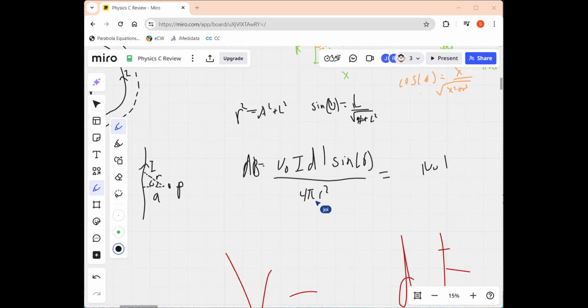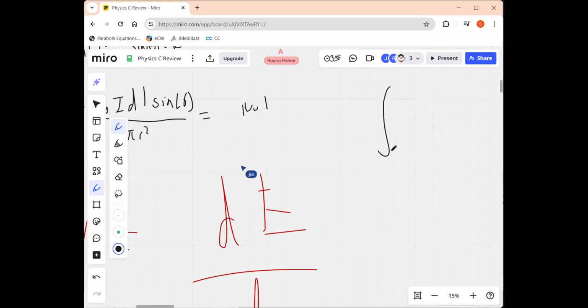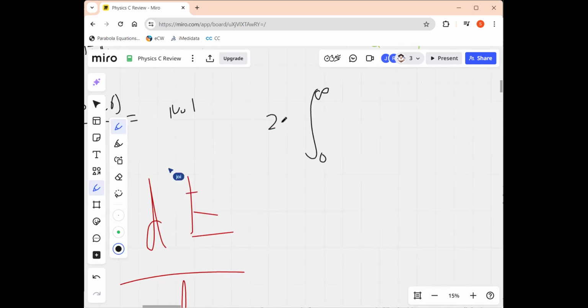So ds times R, integral of mu naught I over 2 pi from 0 to infinity, times 2 because it's an infinitely long wire, of mu naught I over 4 pi sine theta ds over R squared.